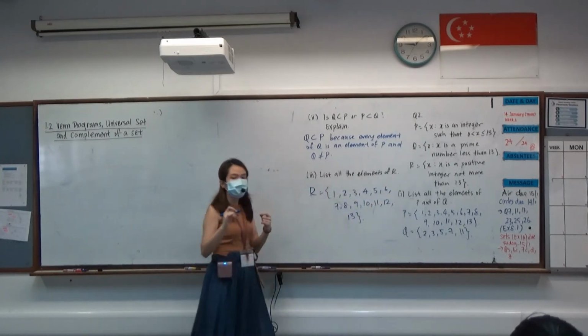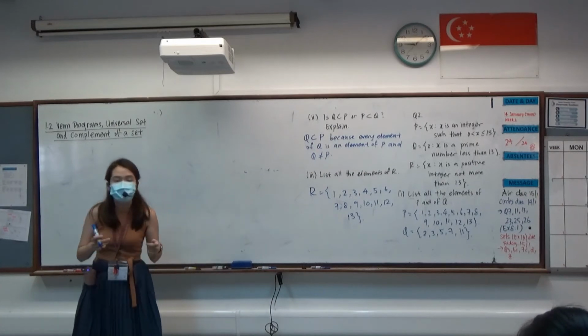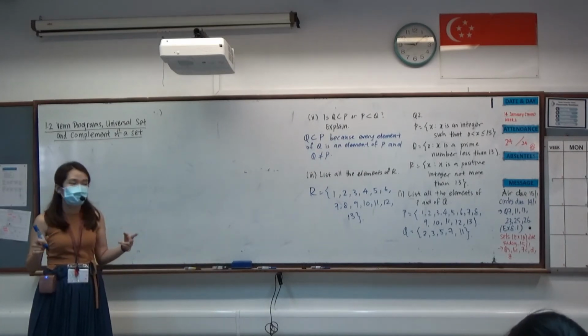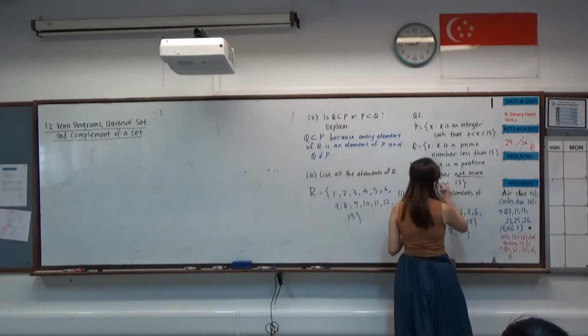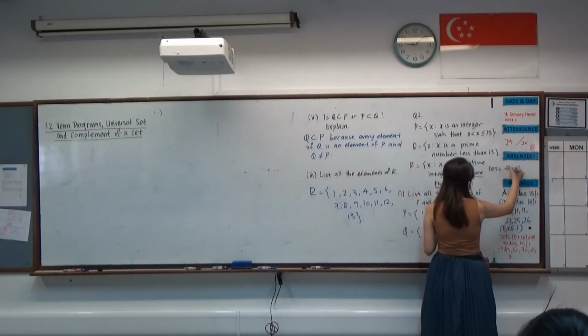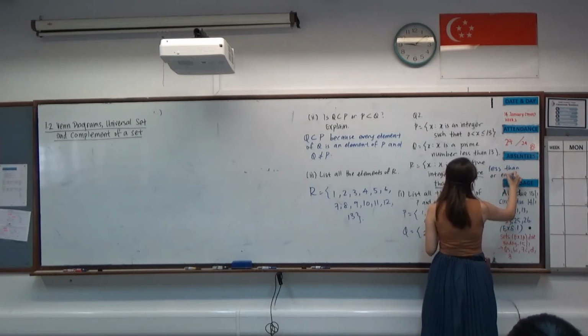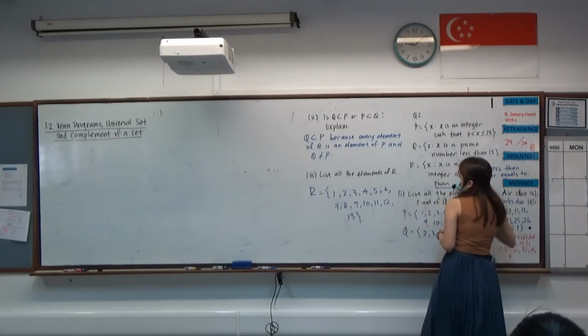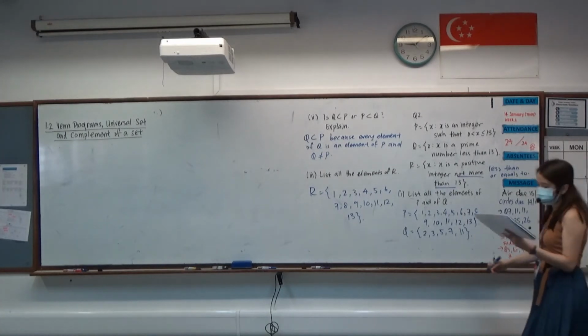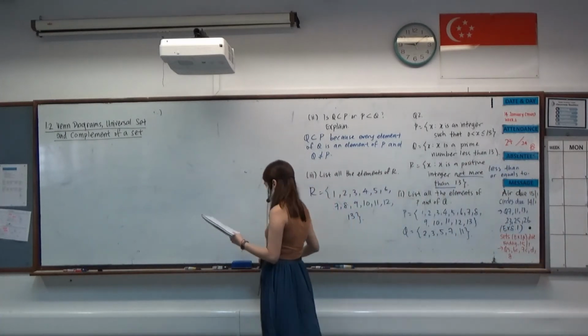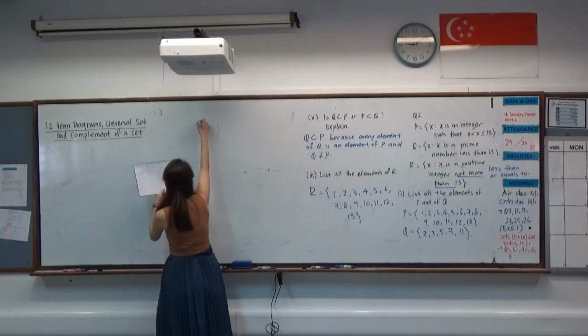Okay, agree? Disagree? Should we have 13 inside? Yes, because not more than means that it's less than or equal to. Okay, so then finally in part 4, it is asking, state the relationship between the sets R and P.